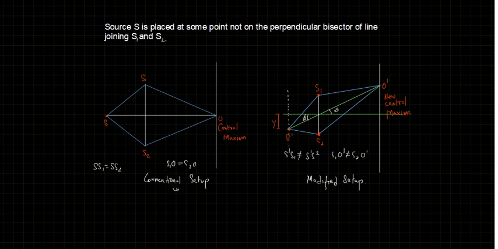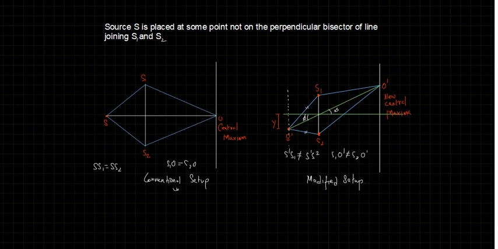Correct? One more thing you can see is that the secondary wavelets originating from S' will reach S2 first, because the path here is less compared to the path over here. However, the secondary wavelets which start from S1 and S2 will have no path difference when they reach, and as a result they will form the central bright spot, the central maxima.